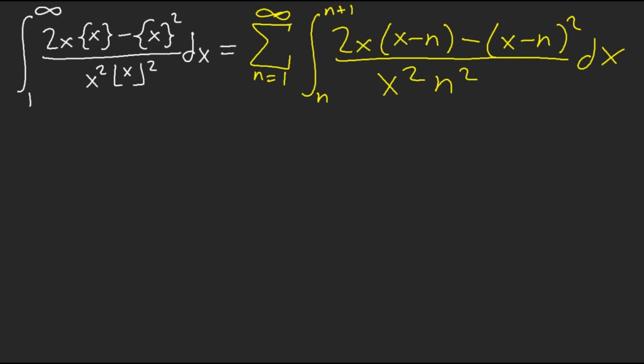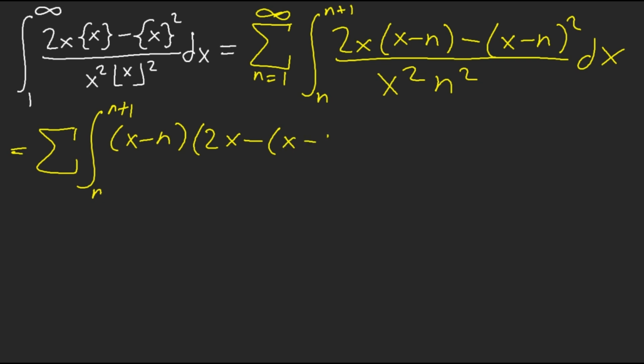Interesting. Let's factor this. I'm just going to put a sum there for now. We can factor this: (x minus n)(2x minus (x minus n)). This is equal to x plus n.